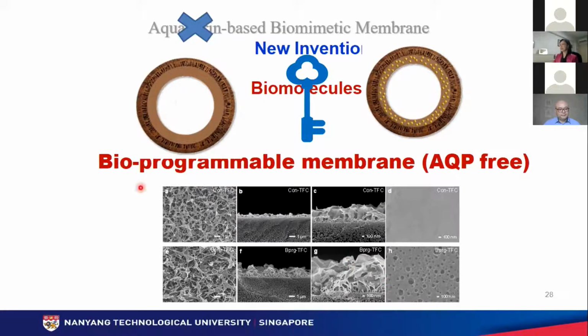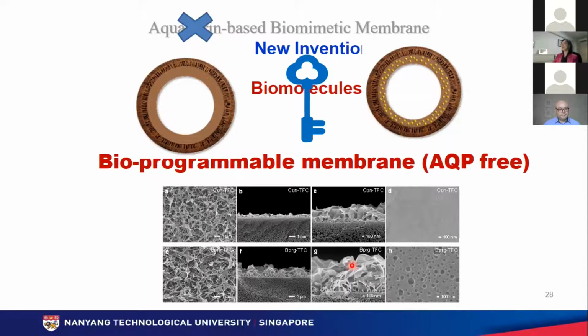This is the top layer of the morphology cross-section with these special biomolecules. At the top one is without the biomolecule. You can see a big difference. Actually, these molecules can control the matrix of the selective layer. So we call it bioprogrammable membranes, aquaporin free.